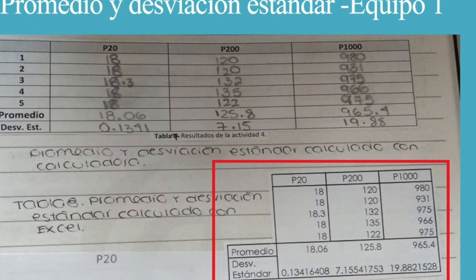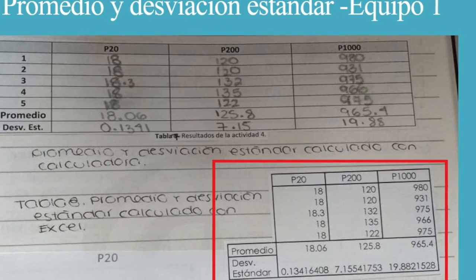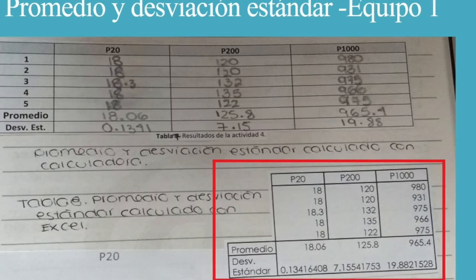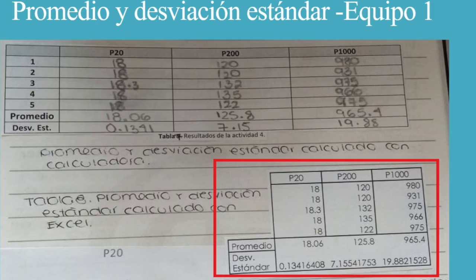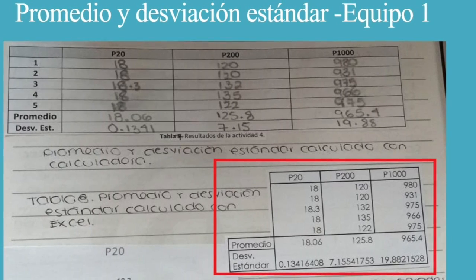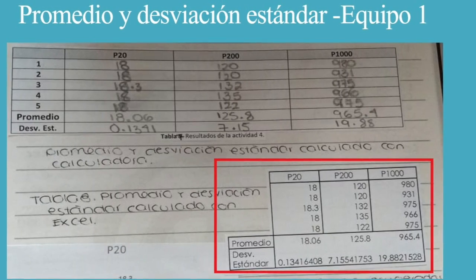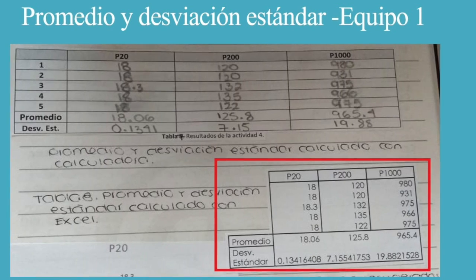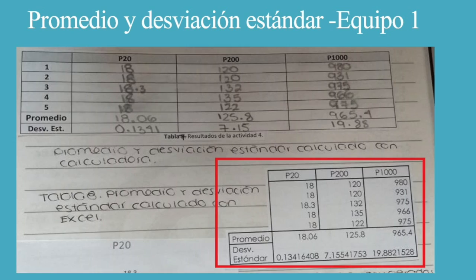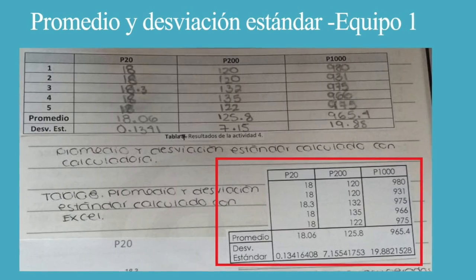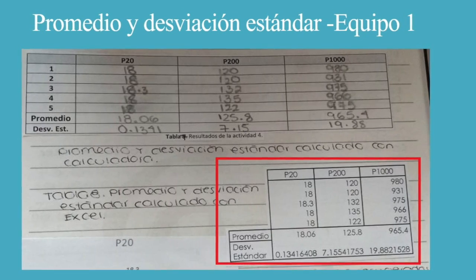As can be seen in the tables, the averages of both teams were similar and did not reach the exact measurements. The standard deviation is a measure that indicates how scattered the data is with respect to the mean. With this measure, it can be identified that the measurements vary from one another.